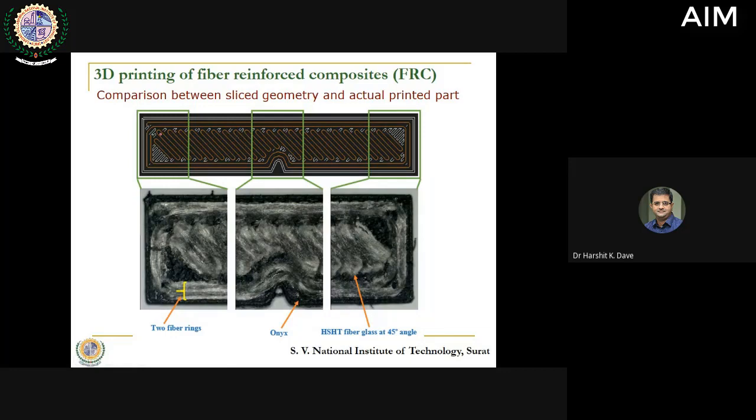This is the drawing of one of the layers out of those 32. You can see that this golden color is the filament. You can see that the glass fiber is being laid. Then wherever there is short space available, the polymer is laid.